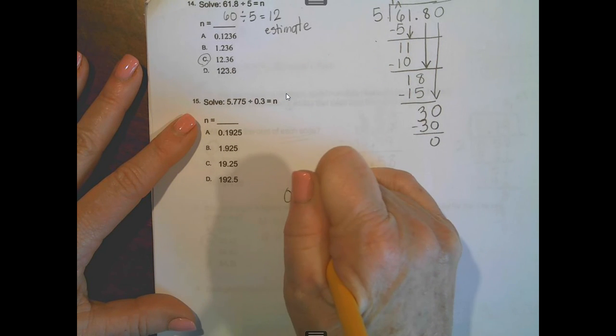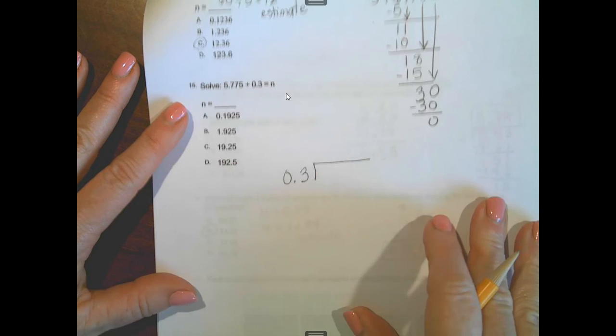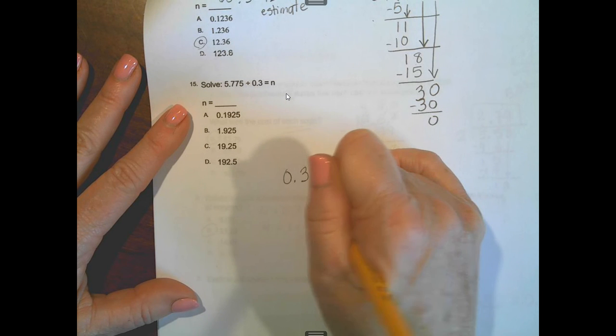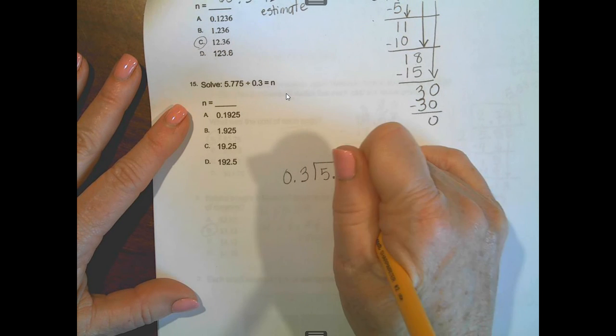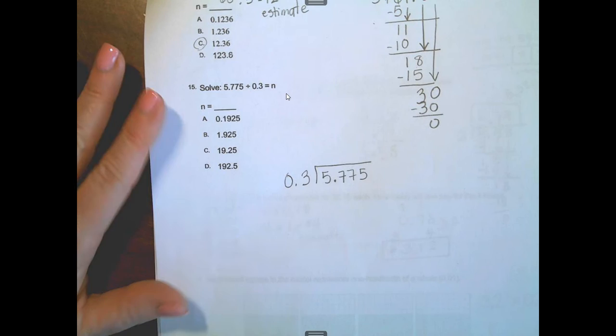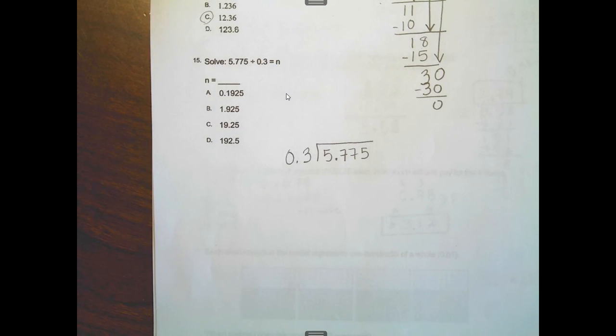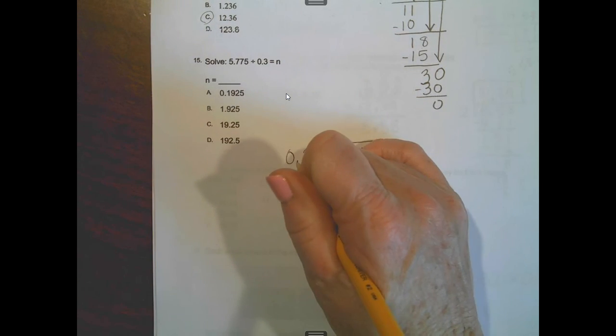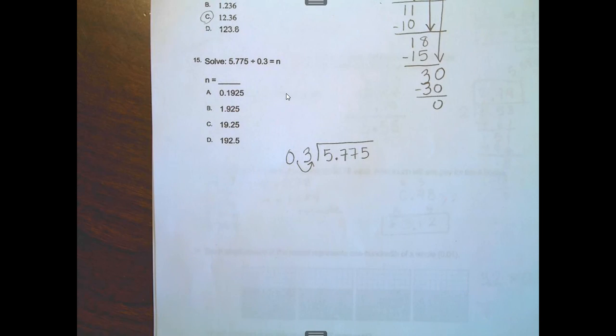My divisor is 3/10. My dividend is 5.775. So the first thing I notice is I have a decimal in my divisor. I need to move it so that the divisor is a whole number. So that whole number would then be 3, because I'm going to move that decimal out. All right, it's now a whole number.